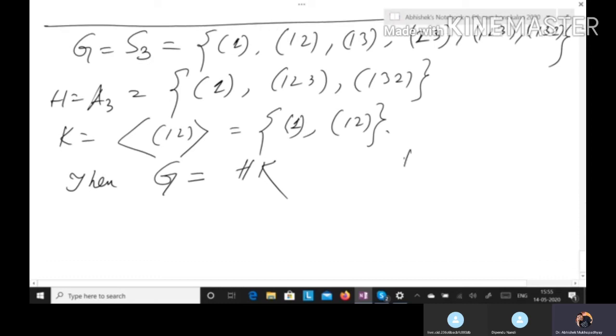Also note that H intersection K has exactly the identity permutation. This is 1, this is 1. These are common. There are no other common elements between H and K. But why is G the internal product of H and K? What is the reason?